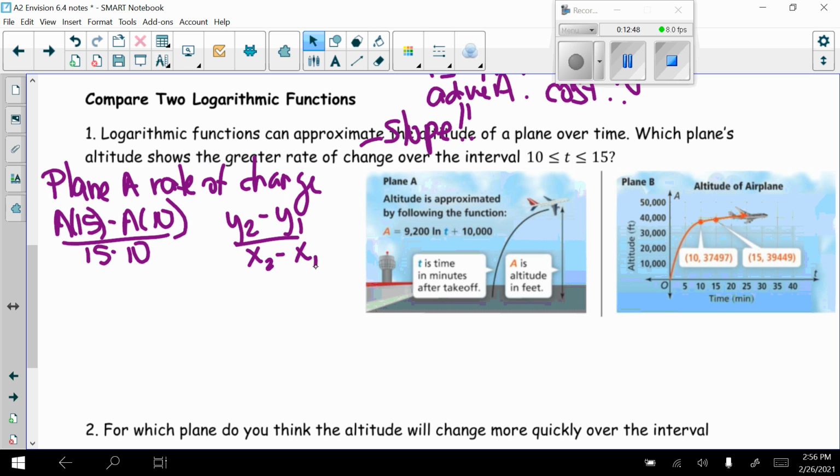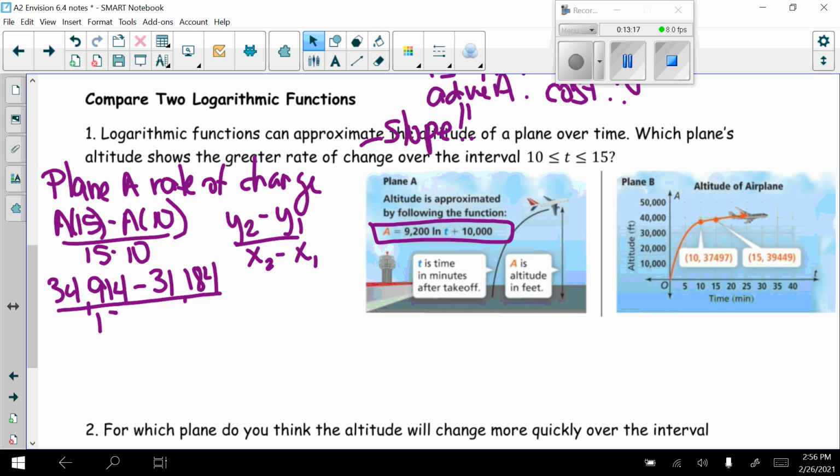So plane A, this is the equation that they give to me. If I plug 15 in here, 9,200 times the natural log of 15 plus 10,000, I get 34,914, minus, now I'm going to plug 10 in for t, 9,200 times the natural log of 10, all of that plus 10,000, and I get 31,184.